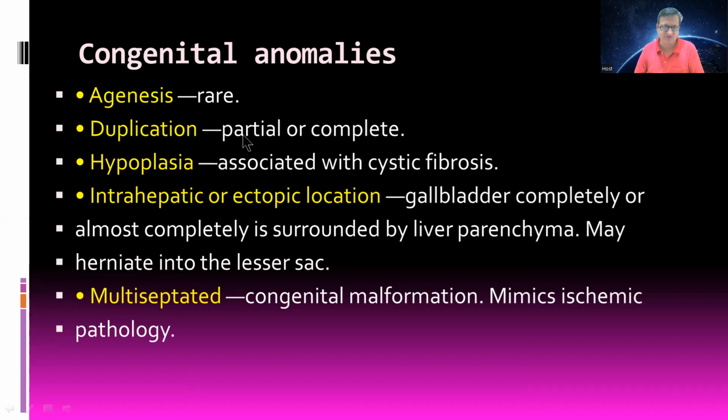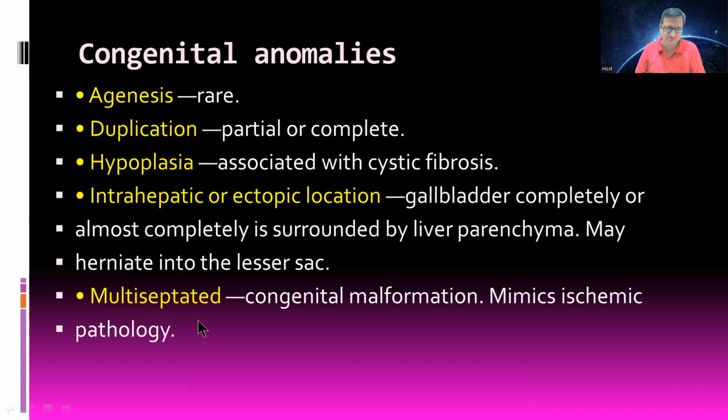Duplication, where partial or complete duplication may be there. Hypoplasia may be associated with cystic fibrosis. Intrahepatic or ectopic location, we already discussed that it may be completely surrounded by the liver parenchyma, that is intrahepatic, and may herniate into the lesser sac. Then it is an ectopic location.